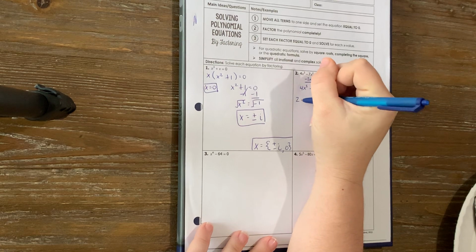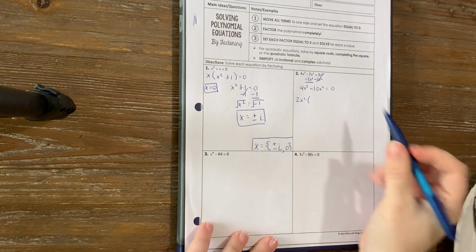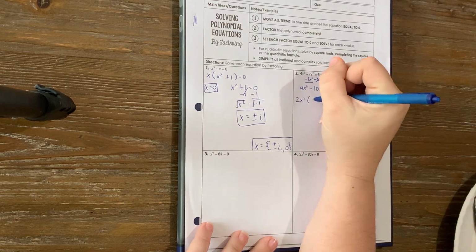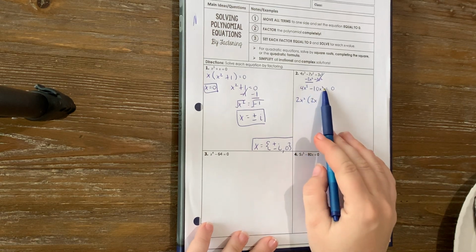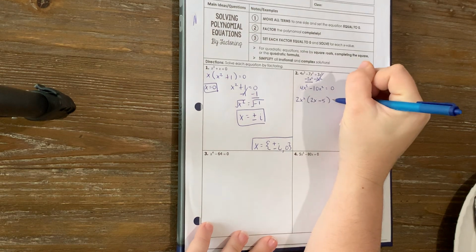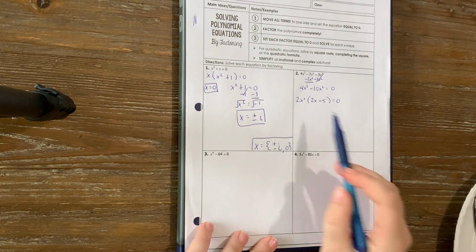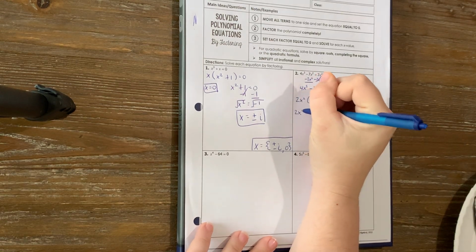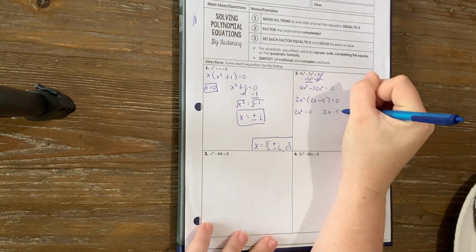So we're going to factor out a 2x squared. 4x cubed divided by 2x squared is 2x, and negative 10x squared divided by 2x squared is negative 5. That's as simplified as you can get it. So now you want to set each factor equal to 0: 2x squared equals 0, and 2x minus 5 equals 0.